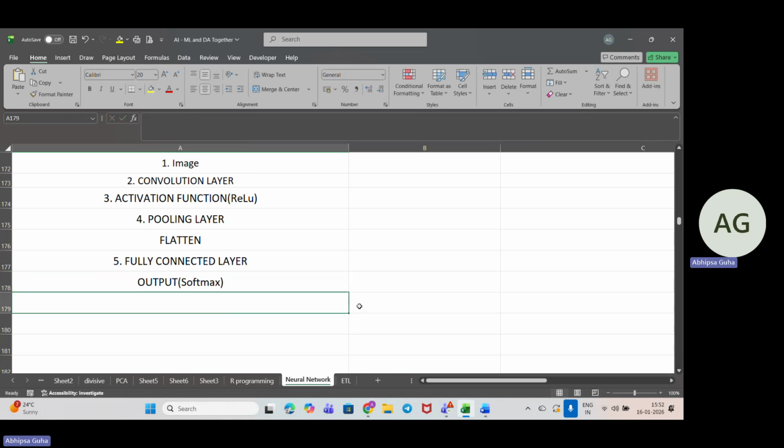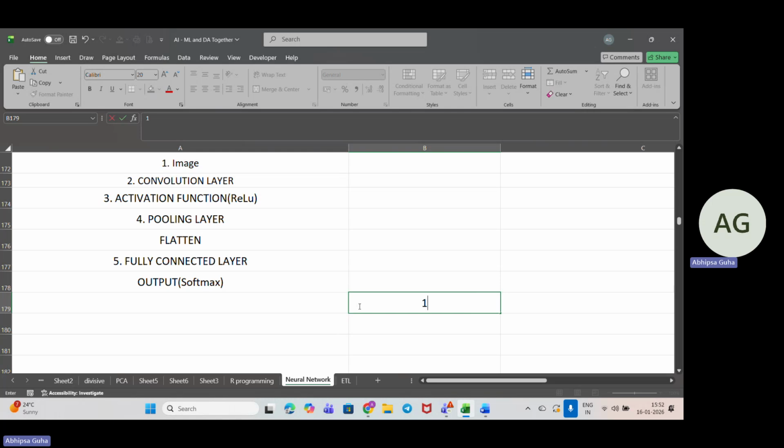Okay, so now basically what happens, the very first step is image as number, that is the input. That is my input. Now what happens? My computer doesn't see an image, right?